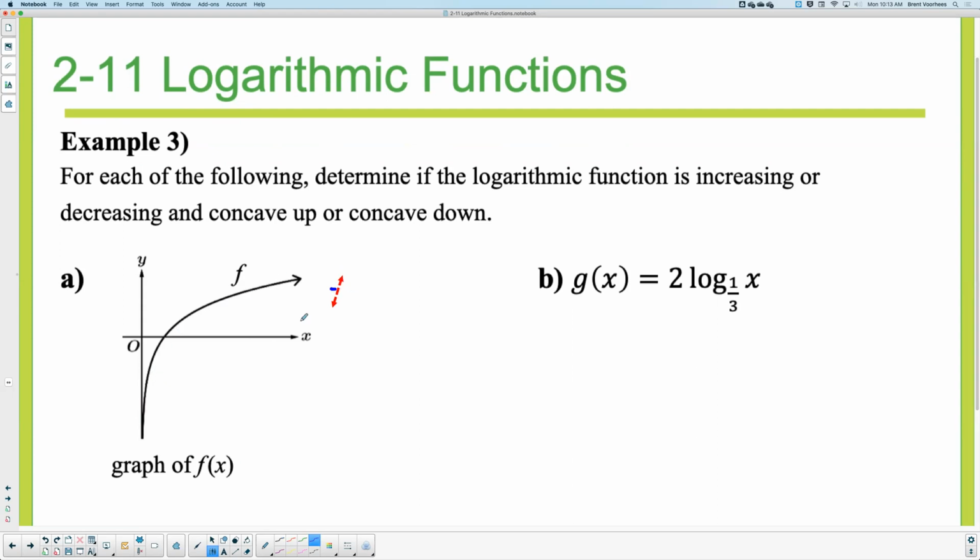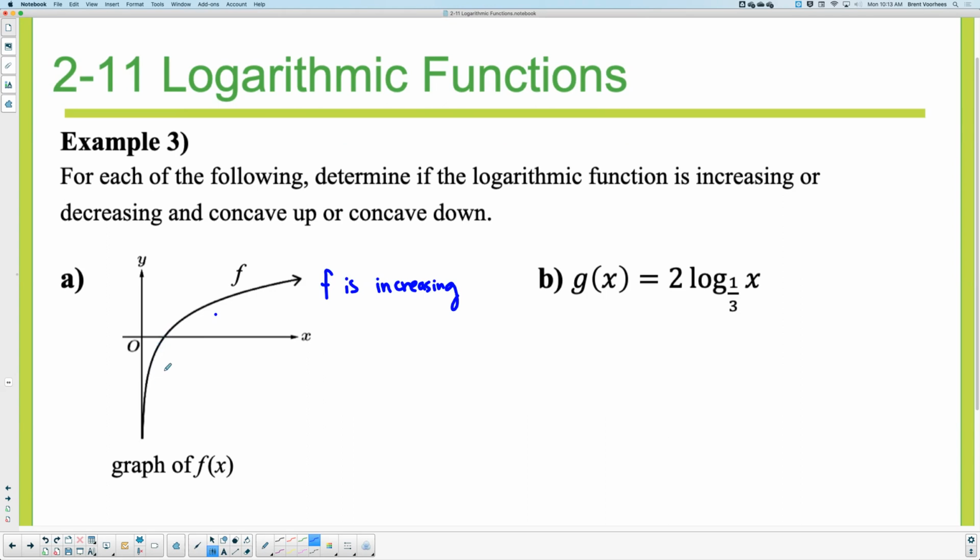F is increasing. Now, does that mean it's concave up? No, really what concavity has to do with is the delta AROC. How is the AROC changing? So as we go, what's happening to my immediate slopes, if you will?